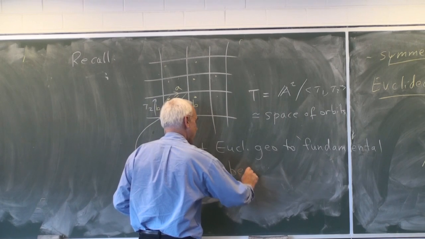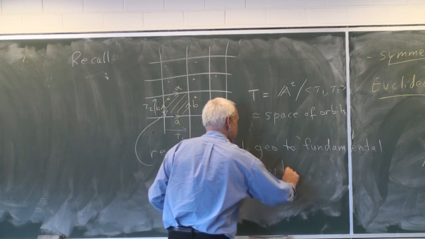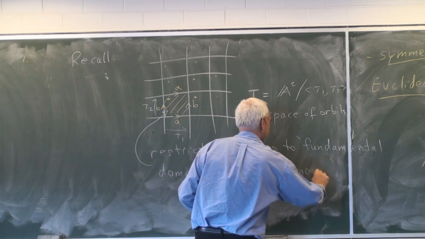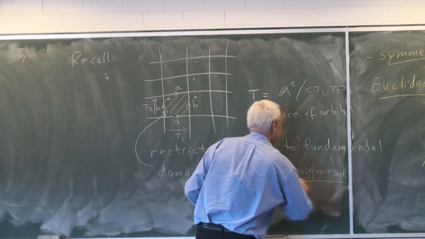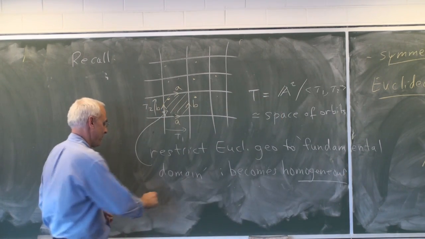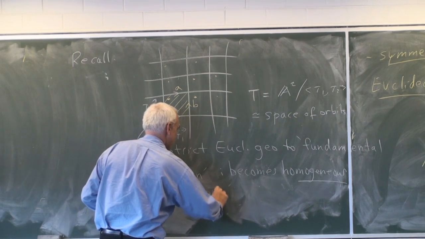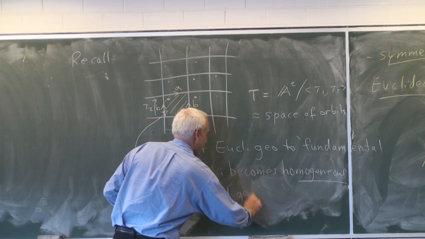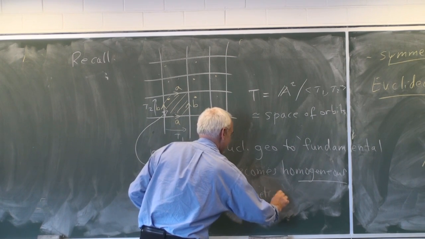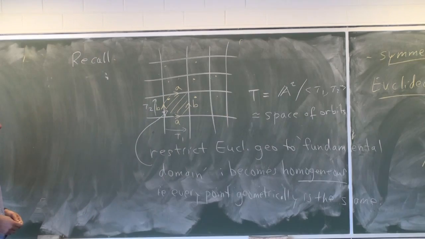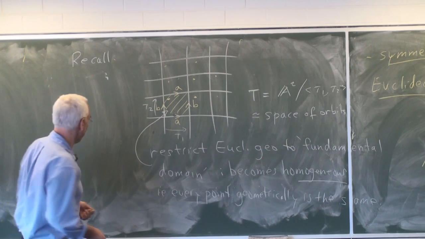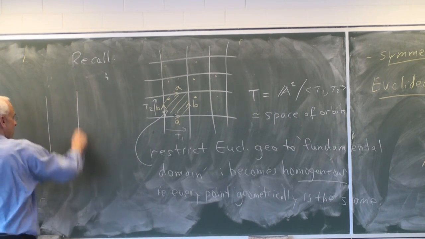So the geometry becomes homogeneous, meaning every point looks the same. Every point geometrically is the same.